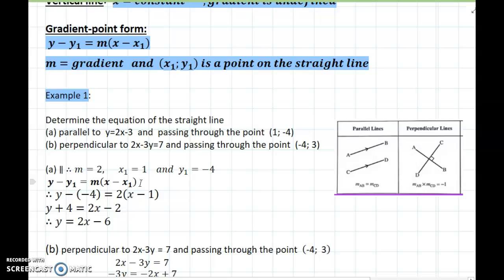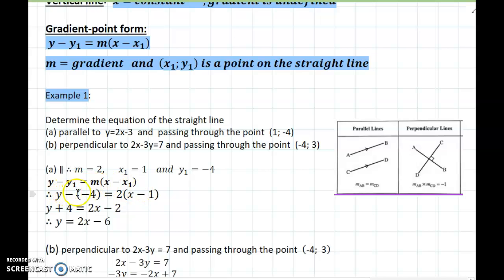And all I do is substitute. So we've got y minus, what's the value of y1? It is negative 4. What's the value of our gradient? It is 2, times (x minus x1), and what's the value of x1? 1. From there you've just got an equation. Then you're going to make y the subject.